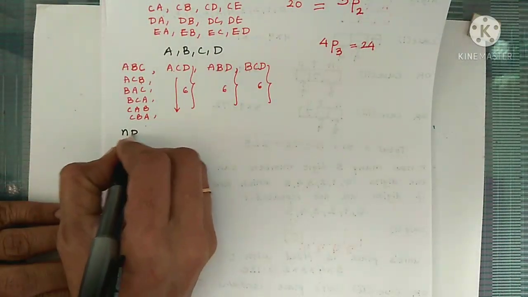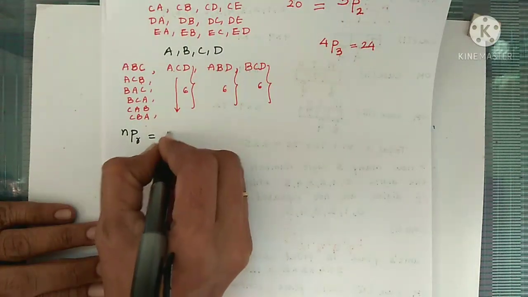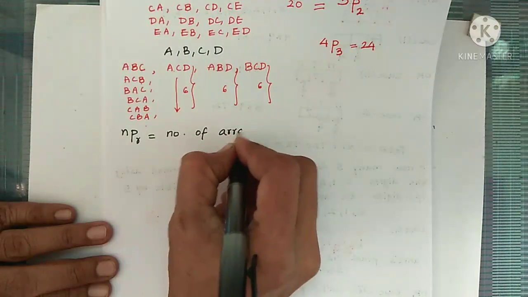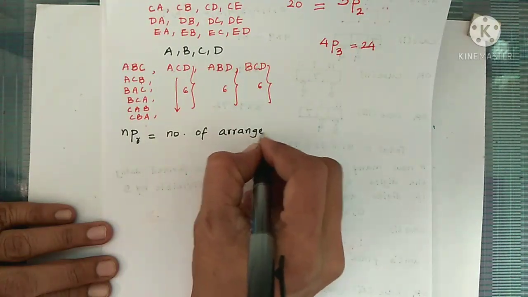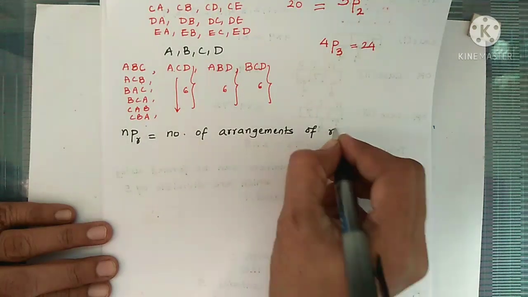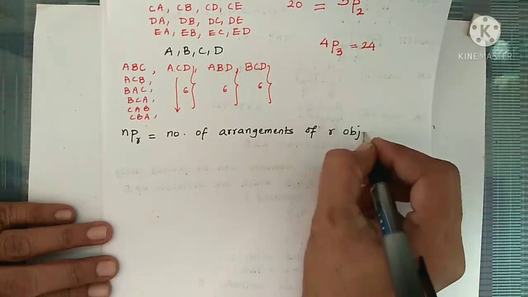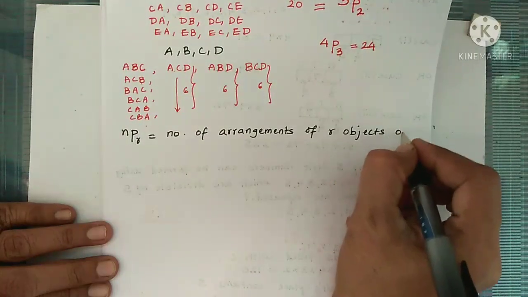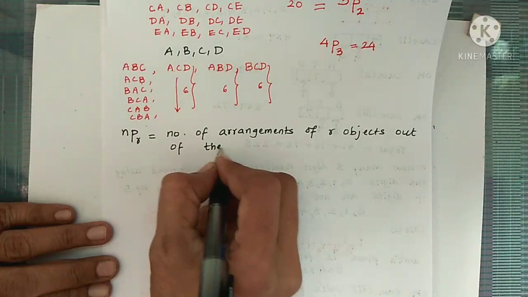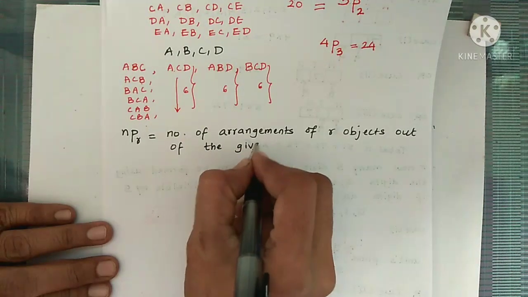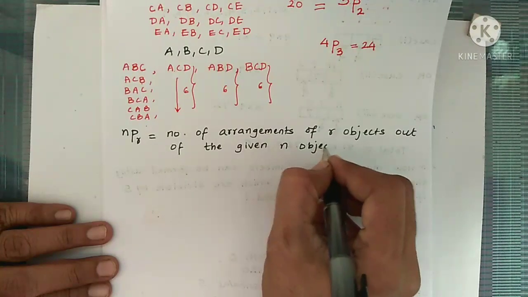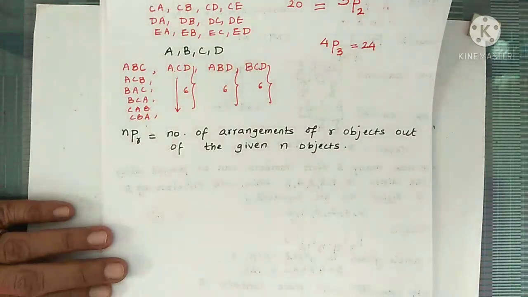So nPr is the number of arrangements in a straight line, the number of arrangements of r objects out of the given n objects, and the arrangement is in a straight line.